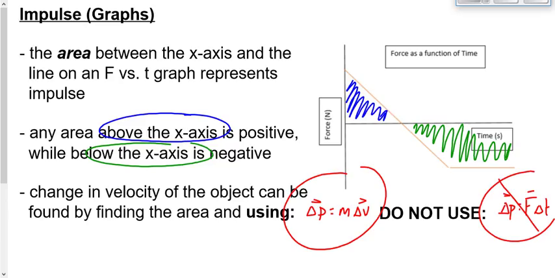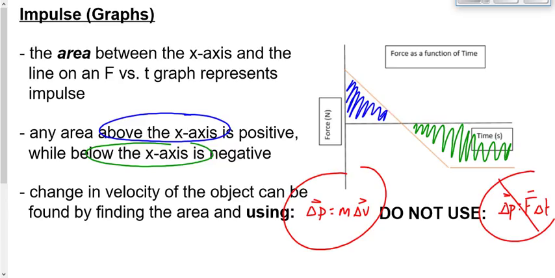Reason being, in most situations, the average force is just too difficult to find for the graph. So, you should automatically be thinking area equals impulse, and then, if you need to go further, you should be thinking impulse or area is equal to m times delta v. You should never think impulse is equal to F times delta t in the context of one of these graphs.